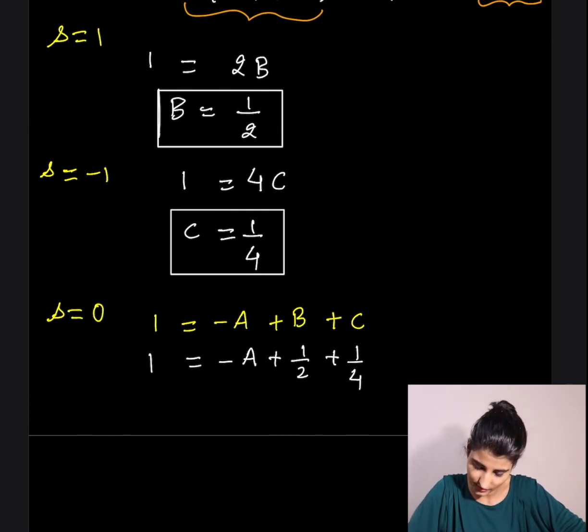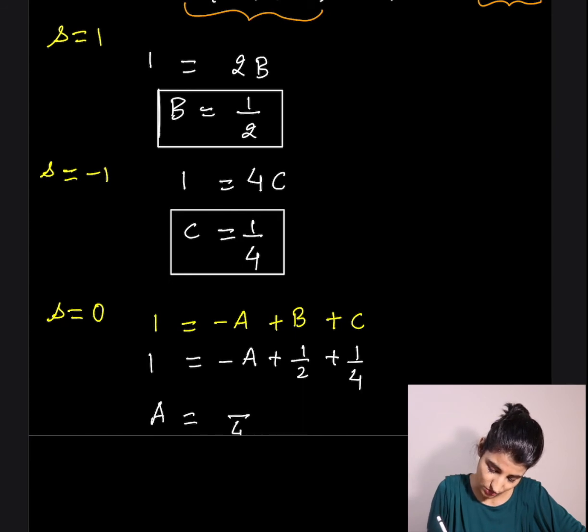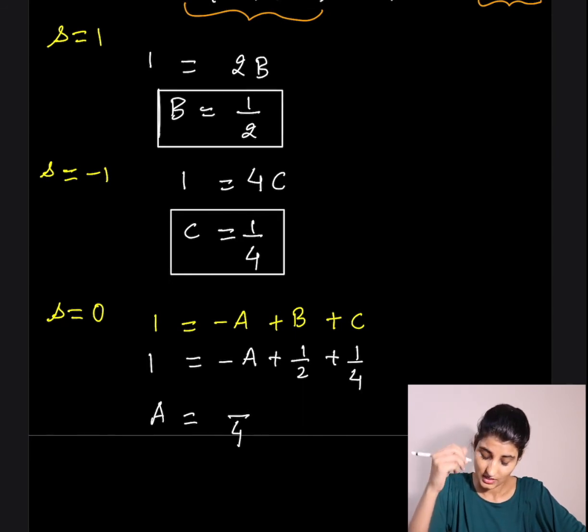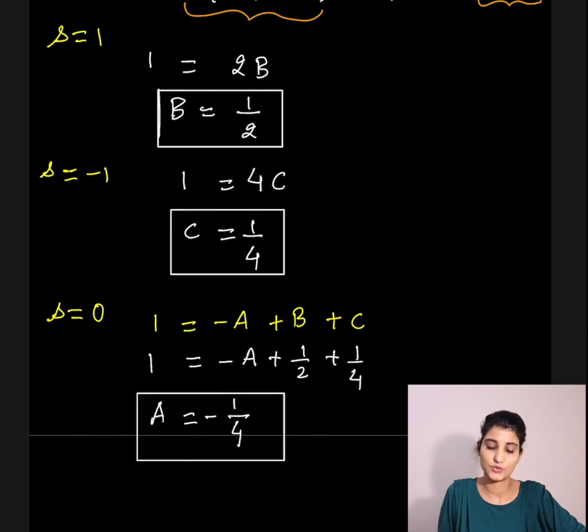And what we will get is, taking the LCM as 4, A equal to minus 1/4. So we found out the values of A, B and C.